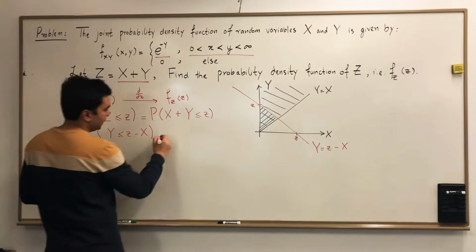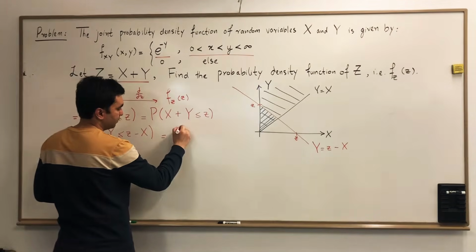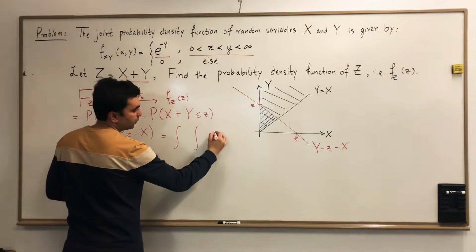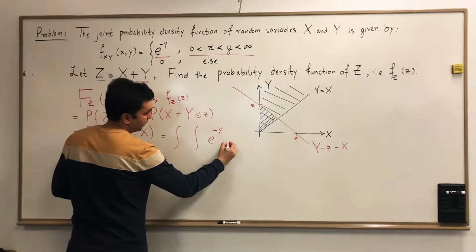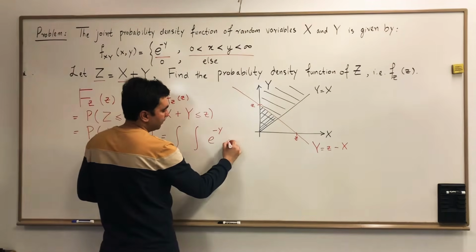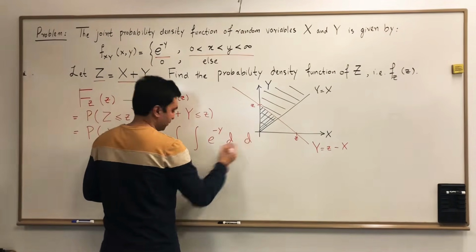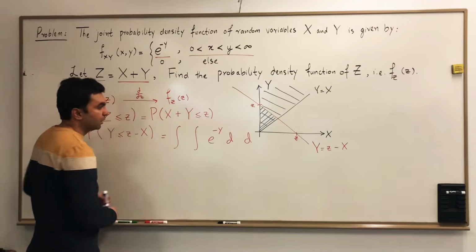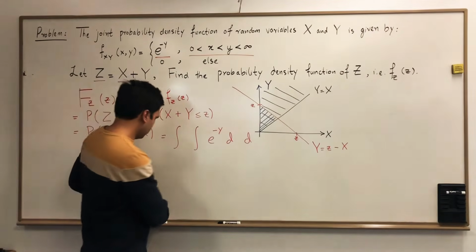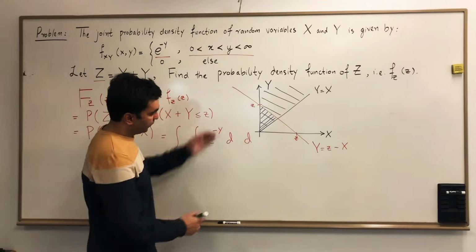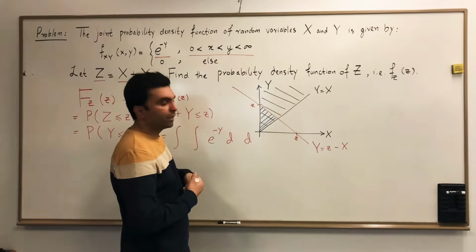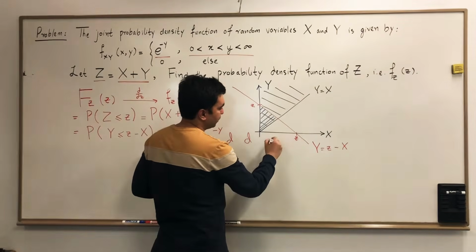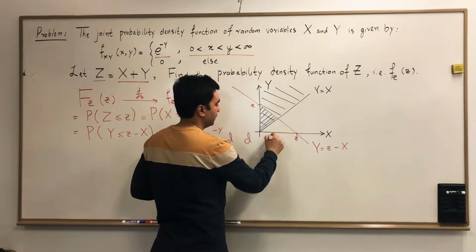So it turns out to be a double integral of the density function, which is e to the negative y, and notice that because of the shape of the region, we should integrate over y first, which will capture both these lines.